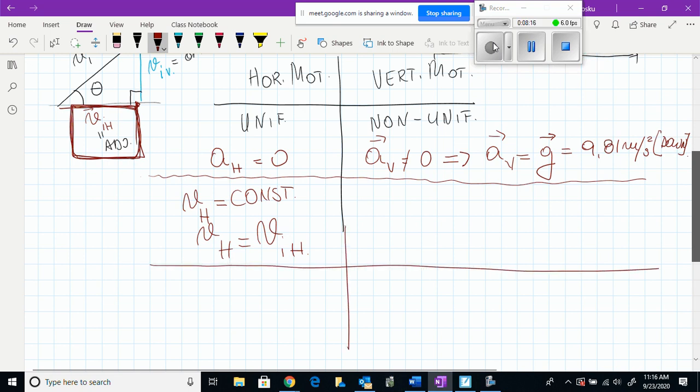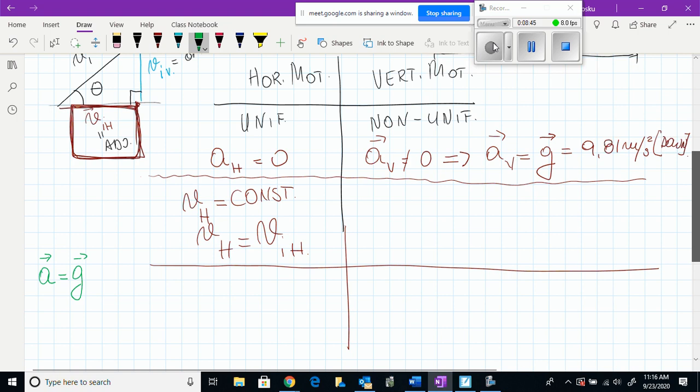Now let's move to the velocity on the vertical axis, or in the vertical direction. When we are dealing with the vertical direction, this is what we have, and I will use a different color so that you can see. We have an acceleration that is equal to the acceleration due to gravity at the surface of the Earth.